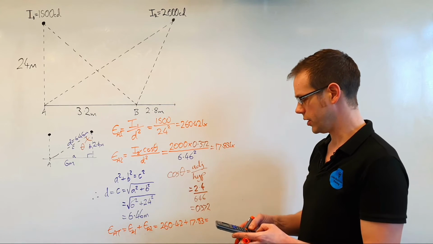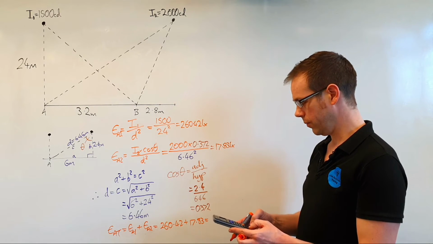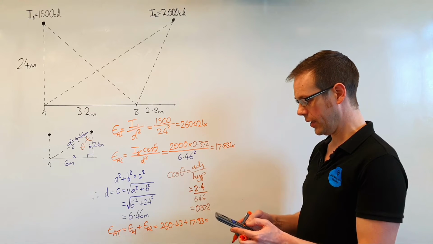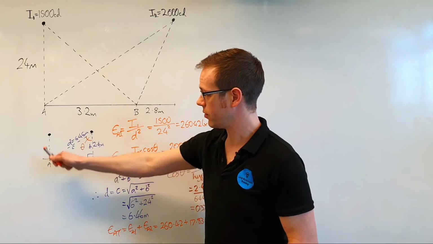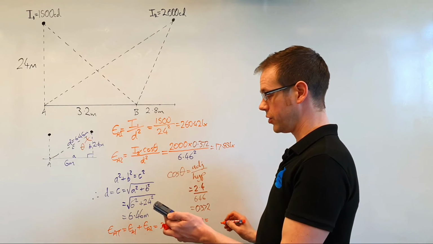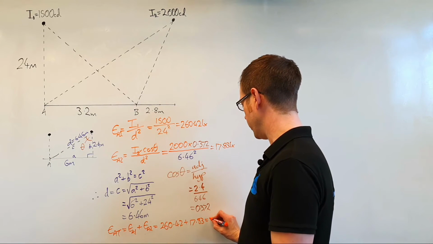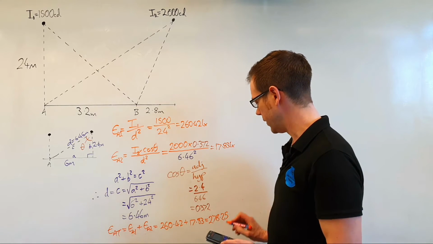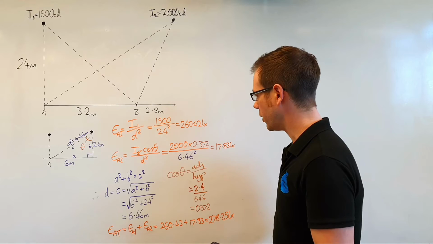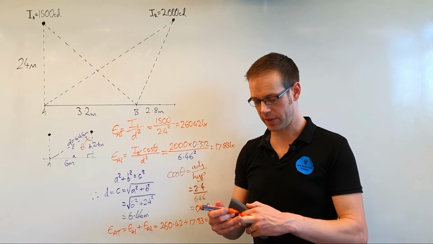So 260.42 plus 17.83 gives us a total illuminance at position A, so that's this position here, of 278.25, and of course that is lux. Remember to put our SI units in.